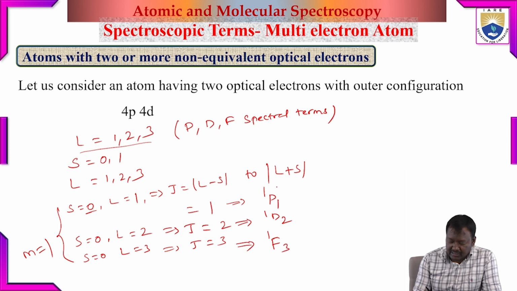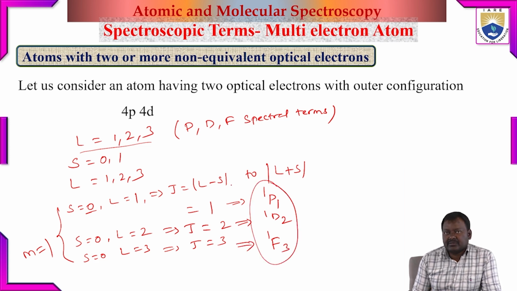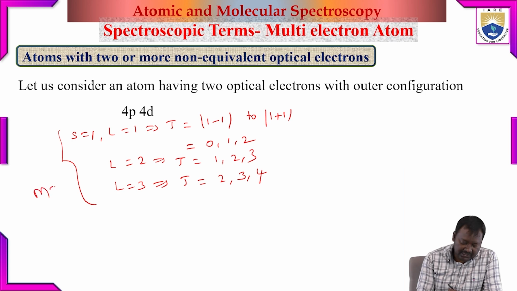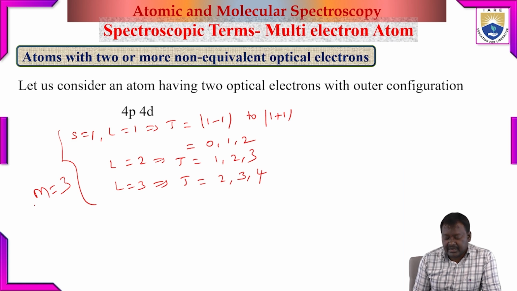So these are the singlet terms for the 4p4d electrons. There are three singlet terms: 1P1, 1D2, 1F3. And these are the triplets. Why? Because S equal to 1, multiplicity is 2 times 1 plus 1, which means 3. So these are all triplet terms.